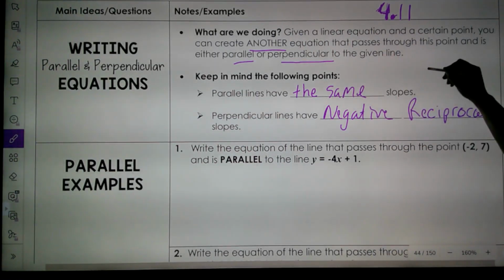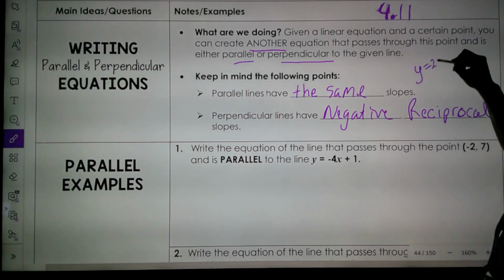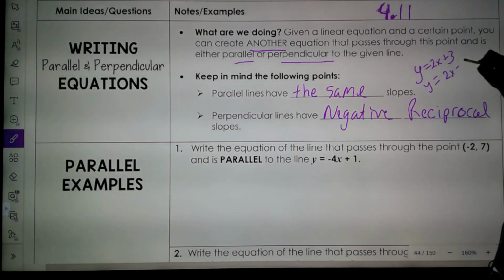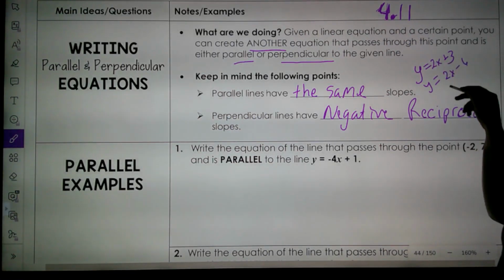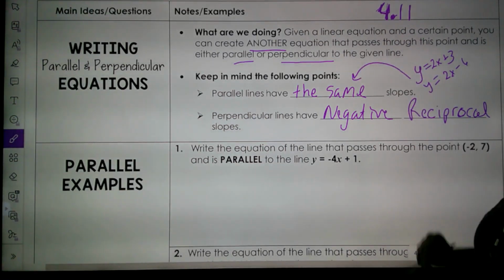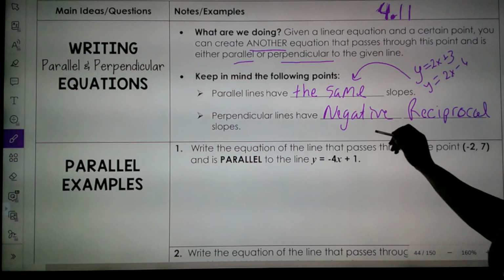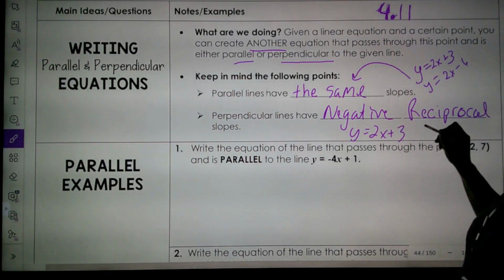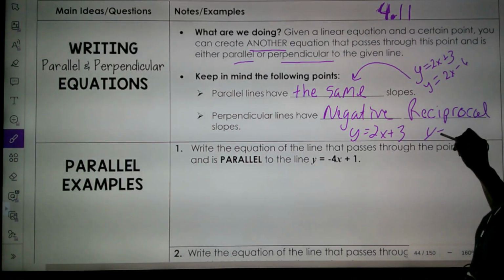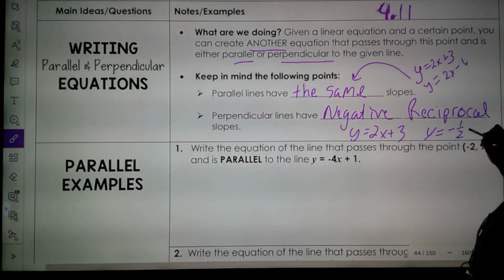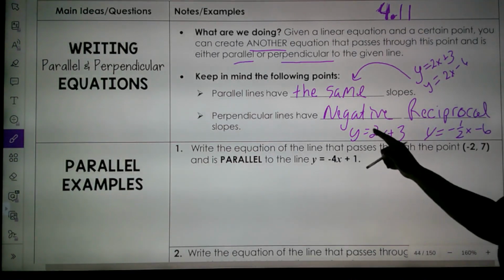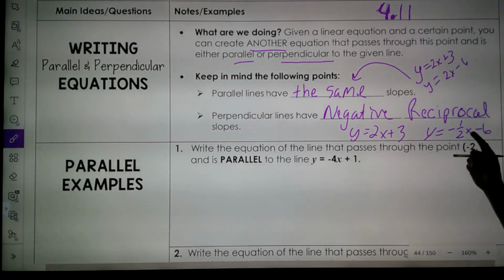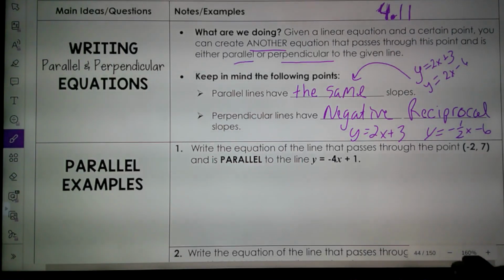So for example, parallel would be y equals 2x plus 3 and y equals 2x minus 6, because they have the same slopes, they're parallel. And perpendicular would be y equals 2x plus 3 and y equals negative 1 over 2x minus 6, because they're negative reciprocal slopes. You flip the fraction and switch the sign.